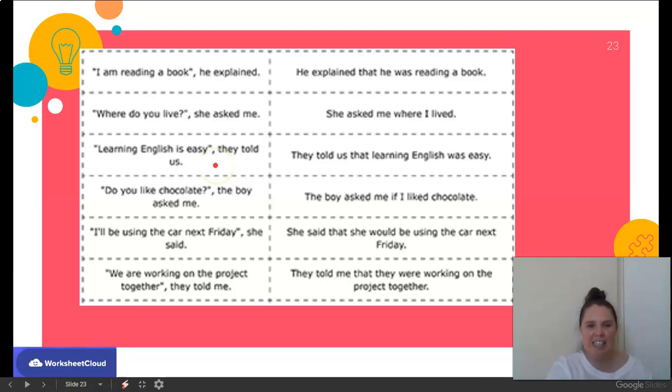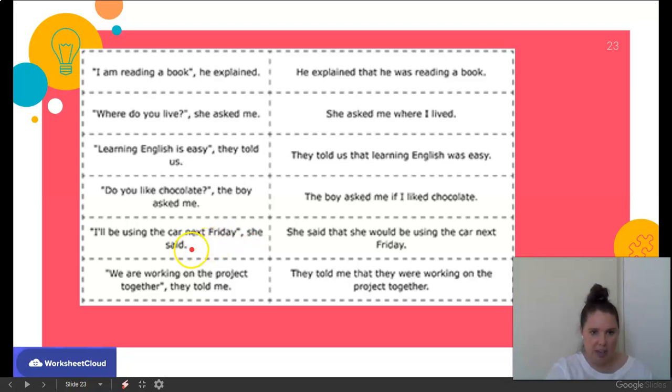"Learning English is easy," they told us. So they told us that learning English was easy. "Do you like chocolates?" the boy asked me. I don't think anyone can say no. The boy asked me if I liked chocolates. "I'll be using the car next Friday," she said.